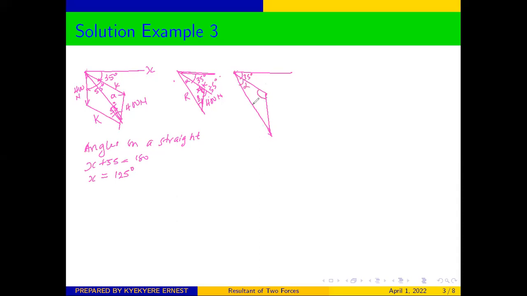The angle here, from our calculation, is 125. This side will be K, this side will be 400 newtons, and this side will be beta. We don't know that angle, the angle the 400 makes with the resultant. And then we know that the angle here is 55. And this side is our R.